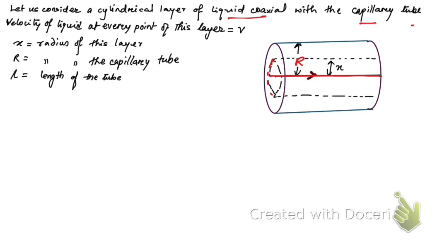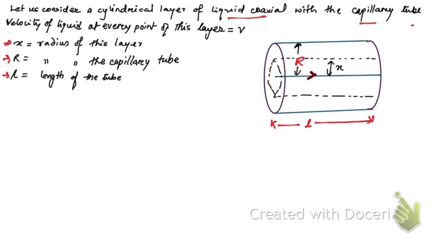So coaxial, that's why. And now let me consider one more thing. The length of this tube is suppose L. So I have already mentioned the radius of this tube, the radius of this layer and the length of this tube.